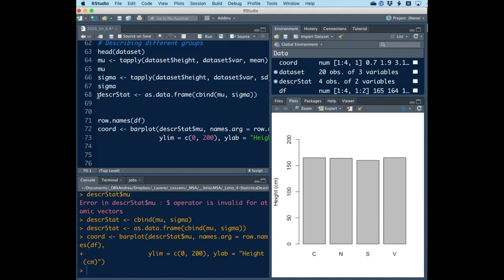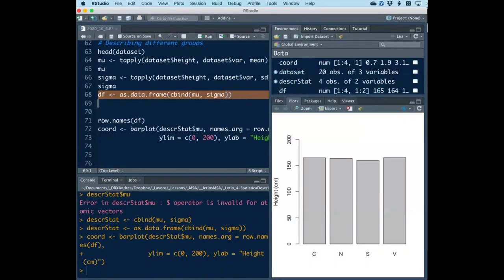So we could do something like this. df is the data frame obtained from the matrix, which was obtained by cbinding move and sigma. You see, I'm making a transformation. So this would be the correct coding.